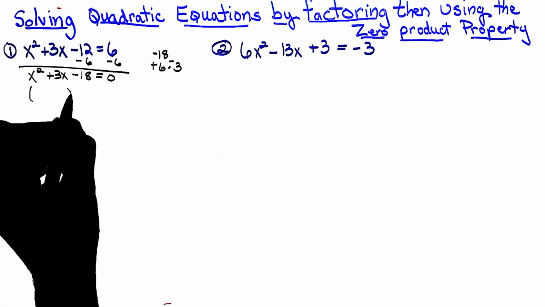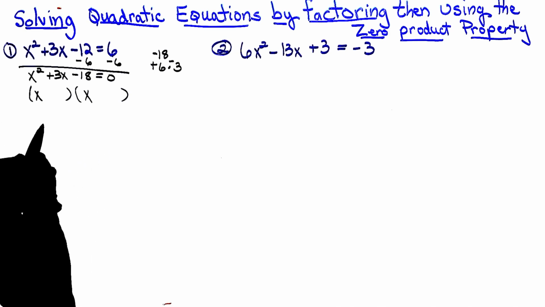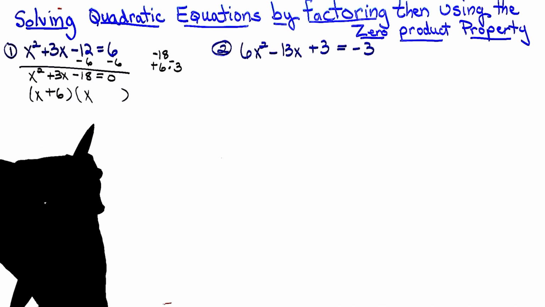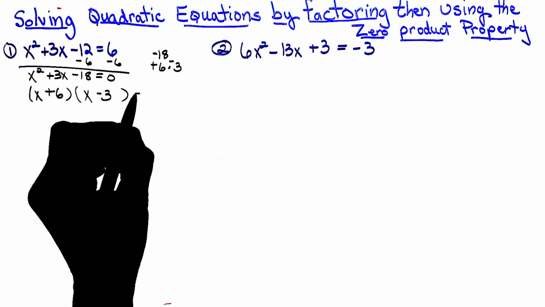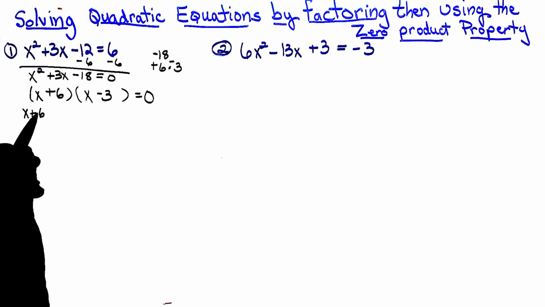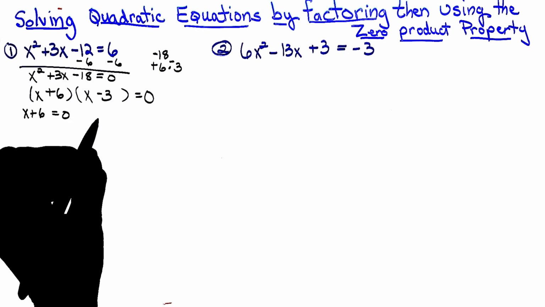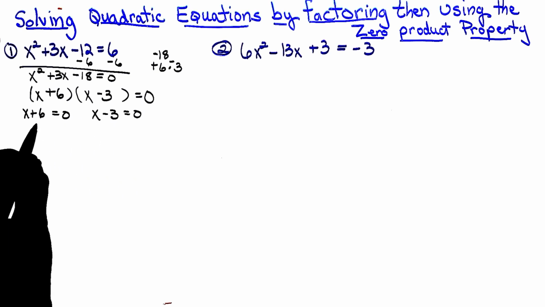So as I'm doing this, I am just writing my x's there. I know I'm going to have a plus 6, and I will have a minus 3, and that is equal to 0. So now for the zero product property, we're just making each of these equal to 0, and then we will solve it.